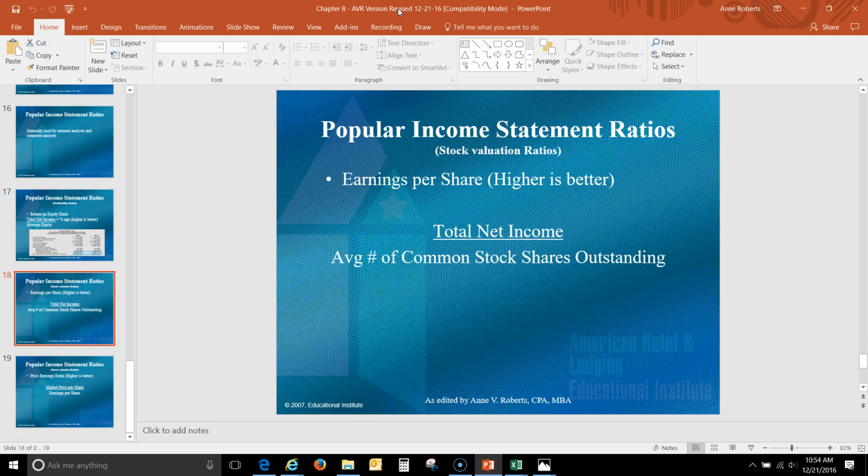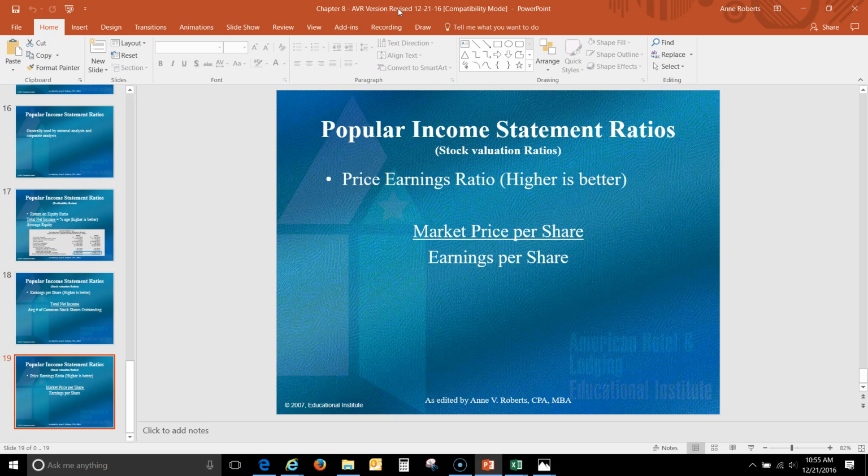So again, earnings per share, higher is better, because how many dollars are we producing in net income for the average number of shares that are outstanding, or issued?